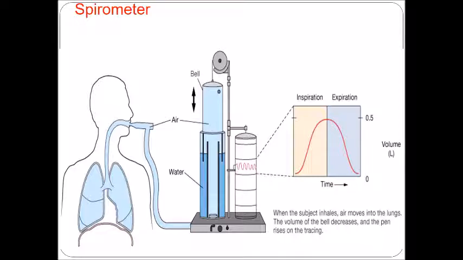There are two drums. One drum is filled with water and one inverted drum is filled with air. When you breathe in or breathe out, this inverted drum will move accordingly, and you will obtain a graphical record. During inspiration the graph will go upwards, and during expiration the graph will come downwards, and you will get a separate graph for each lung volume or capacity.